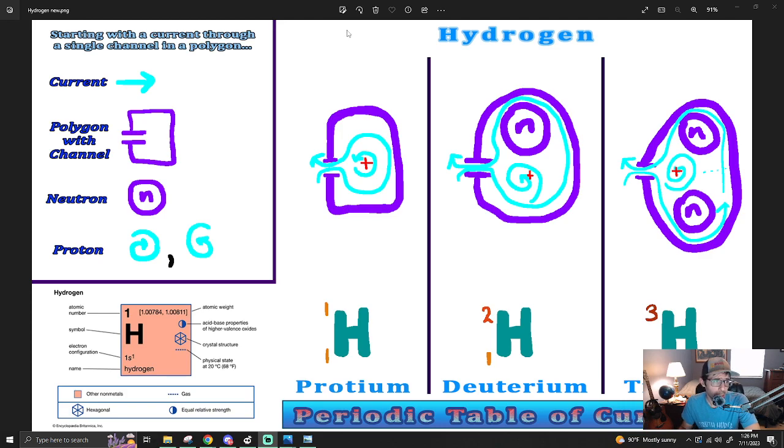So in terms of the periodic table of currents, which I have a playlist of if you don't know what I'm talking about at all, there's this concept where there's a chamber in which current flows and can swirl within there, and that behaves as opening space within the chamber, kind of like we were seeing.